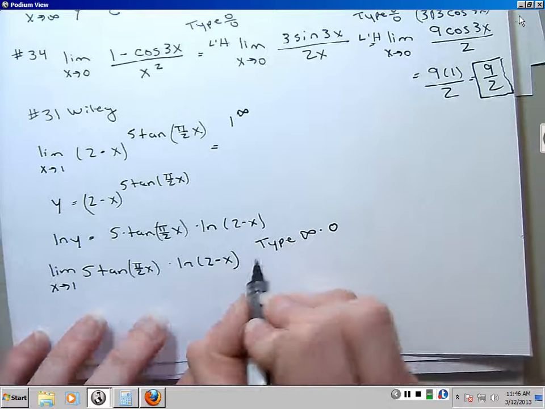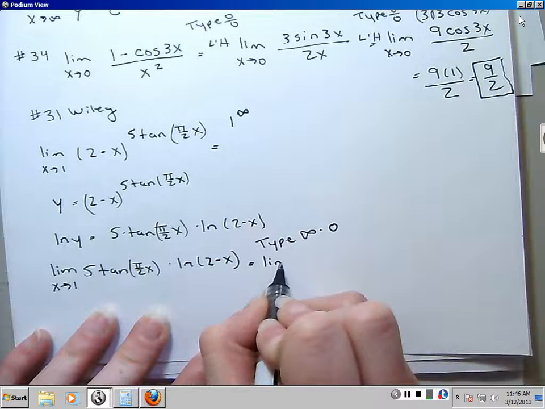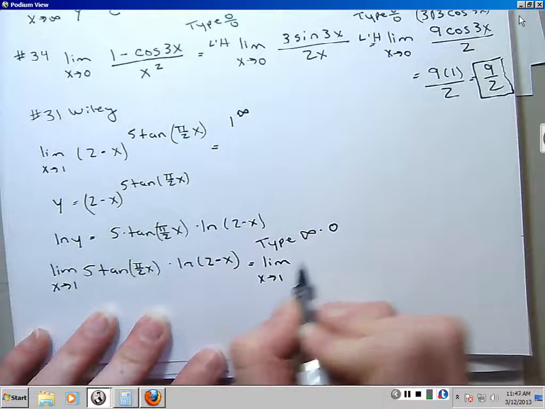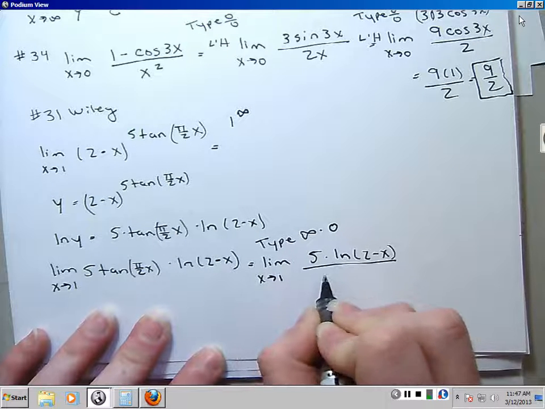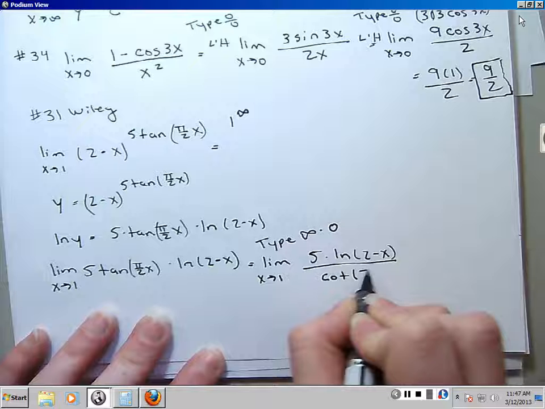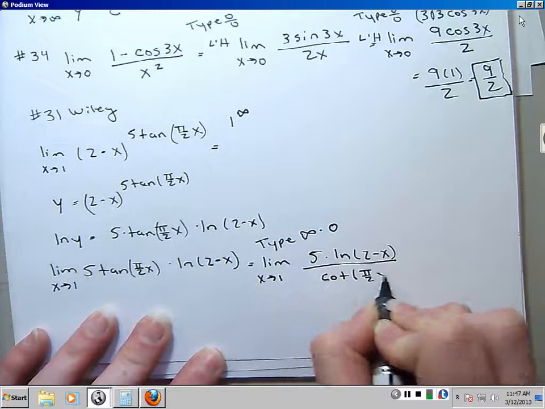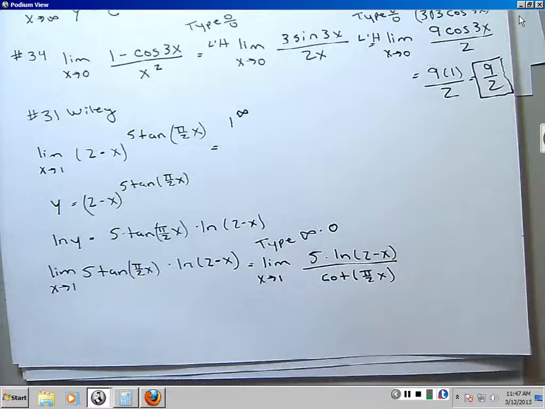So writing this out, I can write it as the limit as x goes to 1 of 5 times ln of 2 minus x over cotangent of pi over 2x, because cotangent's 1 over tangent. So now, what is cotangent of pi over 2?